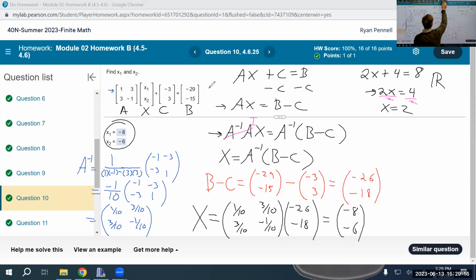I want to stress, of course, you can do the arithmetic for the matrix part in the calculator. No problem. But order matters. Going A inverse times this is not the same thing as B minus C times A inverse. You have to do it in order.